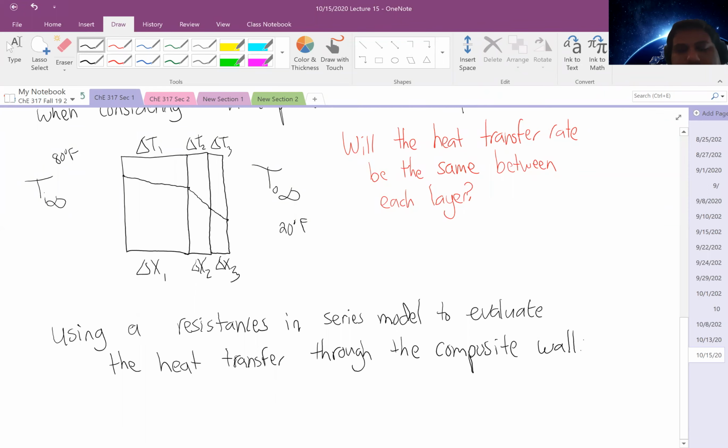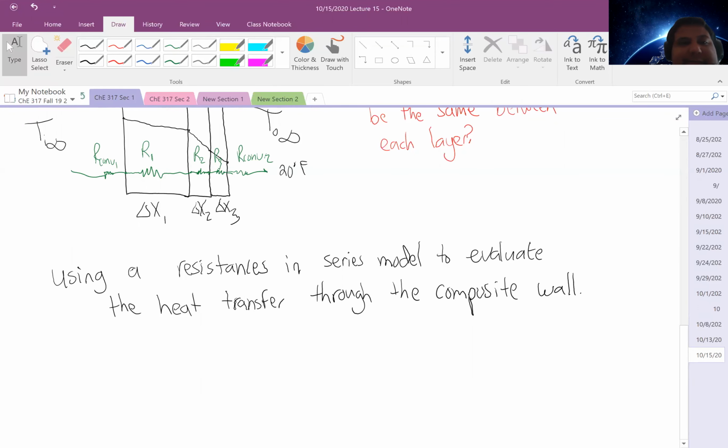And so what that means is I know each of these layers has a particular thermal conductive resistance. And so what I can do is model that resistance like so. Right now I have some resistance 1, some resistance 2, some resistance 3. And depending on the nature of the air, I can have some convective resistance on the inside and on the outside.